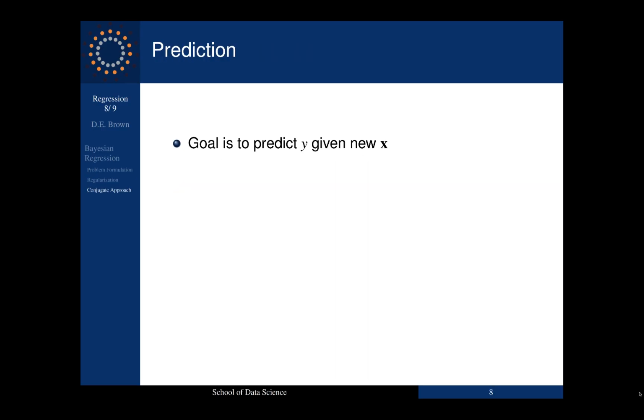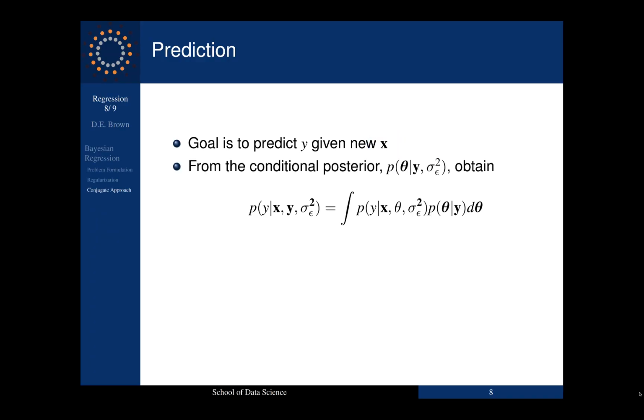With the posterior distribution for theta, we can now do things like prediction, where we can actually estimate how good the prediction is. So our goal is to predict some new value y given a new x, and I'm showing this as a lowercase x to indicate that we have, for instance, one row in a data matrix that's brand new, and we want to predict the new value for y given that.